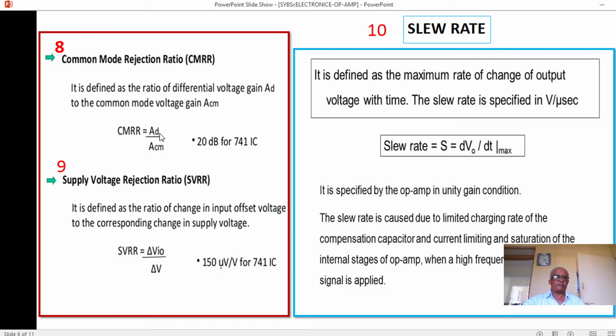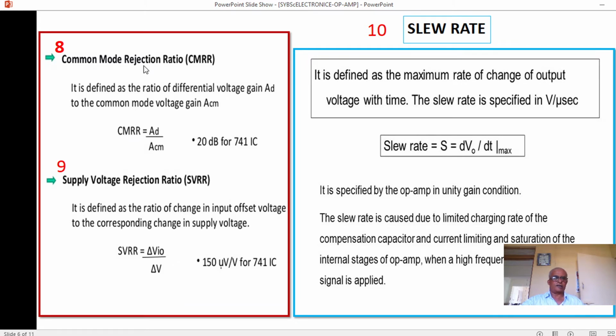The suffix D means differential gain, meaning the two inputs are not the same, they are different. ACM means common mode gain. Common mode means both inputs are shorted together. This ratio is called the common mode rejection ratio.